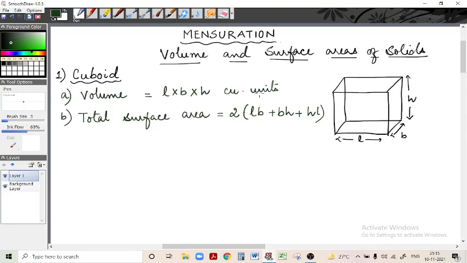If you are measuring in meters, it will be meter cube. Similarly, surface area, as it is related to area, will be in square units.